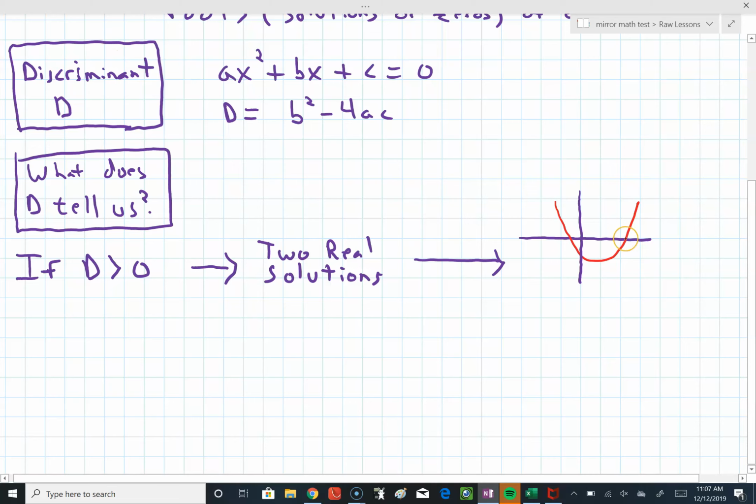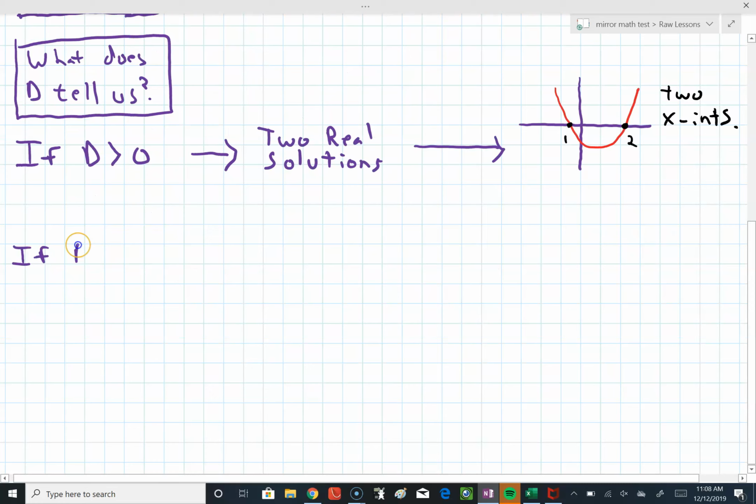By two real solutions, we mean two x-intercepts. One, two. If the discriminant is exactly 0, we will have one real solution.